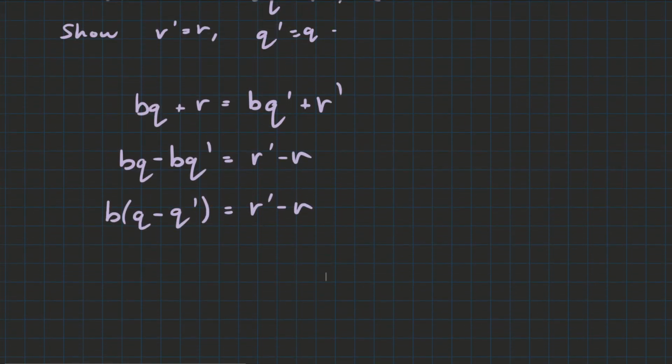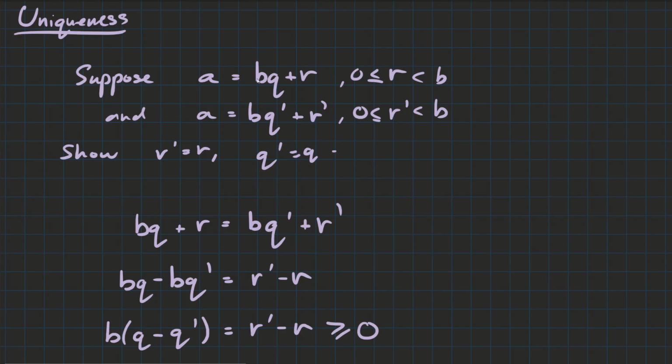Well, what we can say here, right, is that this is certainly positive. How do I know that, right? Well, an implicit assumption I can make, and I didn't say this yet, is that, without loss of generality, I can say that R prime is bigger than R. Okay, so we're saying that A can be written in these two different ways, but they're not actually different, right?